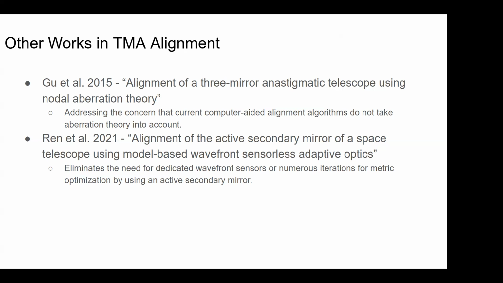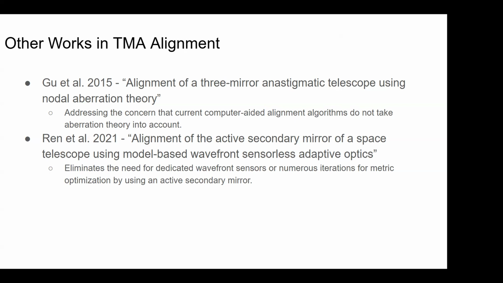And then also alignment of an active secondary mirror using model-based wavefront sensorless adaptive optics. Again, something we're trying to do is not have dedicated hardware for the specific alignment, but use what we're given. With this paper, they did the alignment based off of what aberrations they could correct with the secondary only.